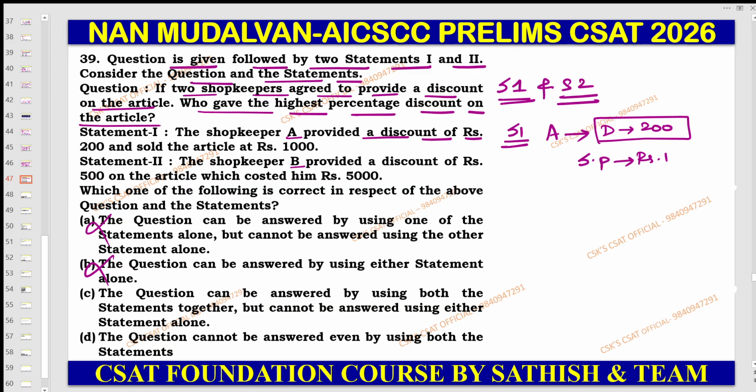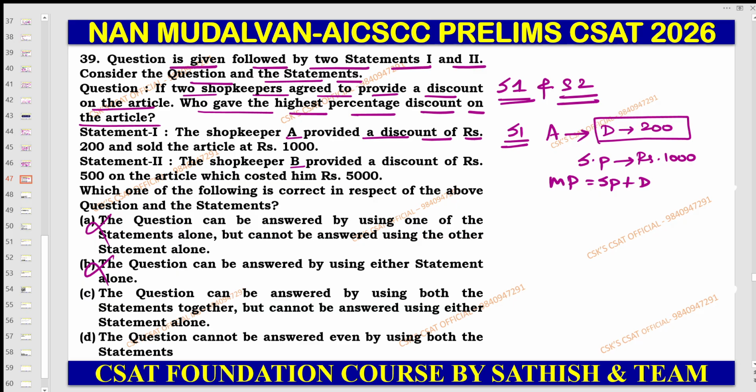Here MP is not provided. Understood. Even if you don't know the MP, you may say, sir, MP we can find out with SP plus D. Right. That is also fine, no problem.